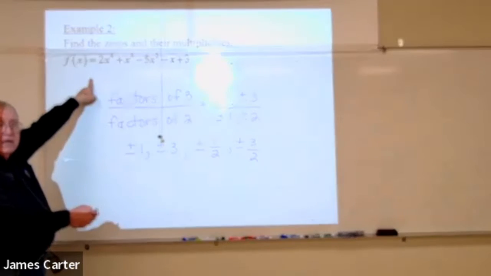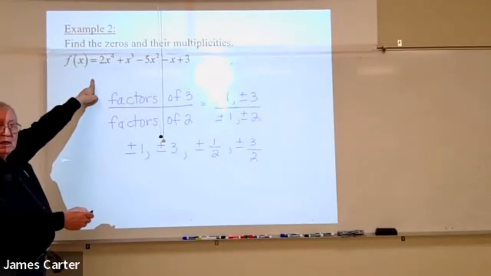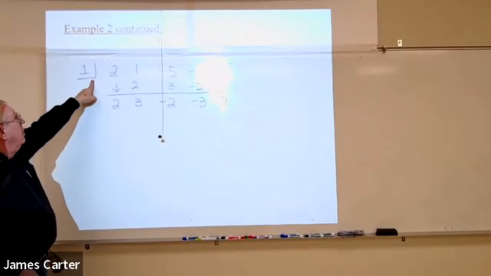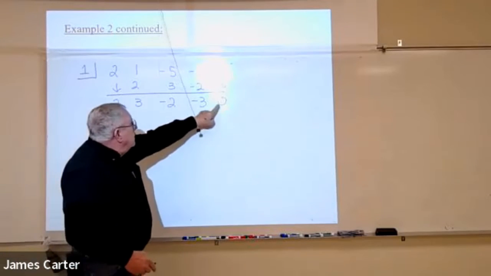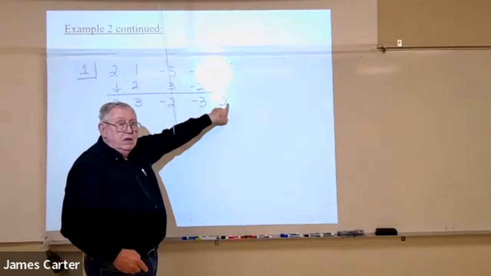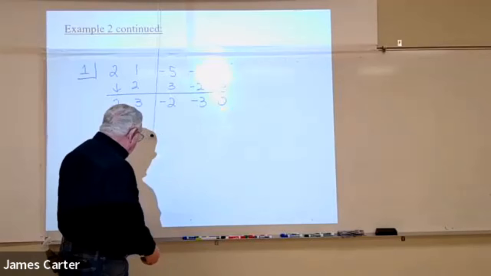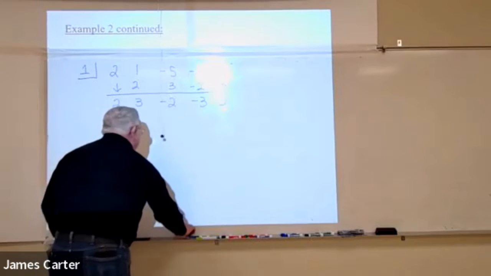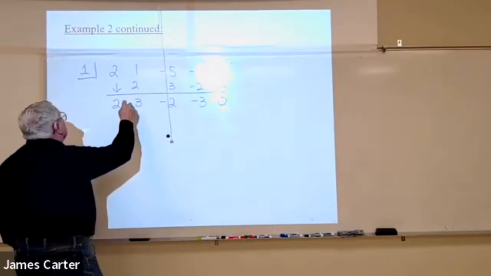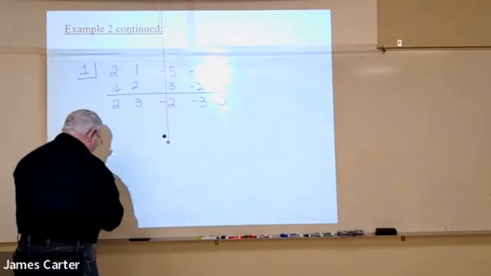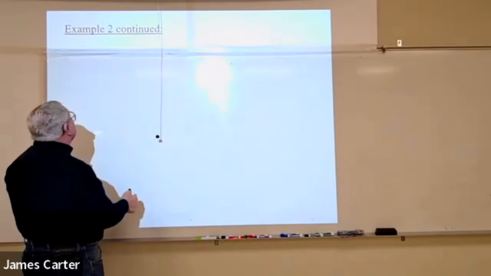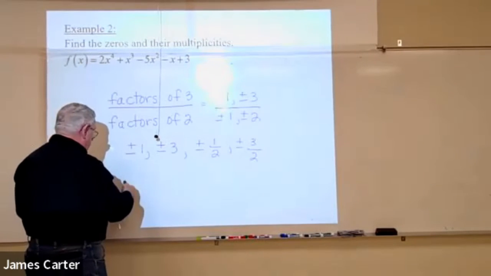They could have tried -1 just as easily, like I did before. So they're trying +1, they get it, and they get a 0 remainder. That means it works. So now what they've done is they've changed this into, I don't know what power this thing was to start with. 4th.